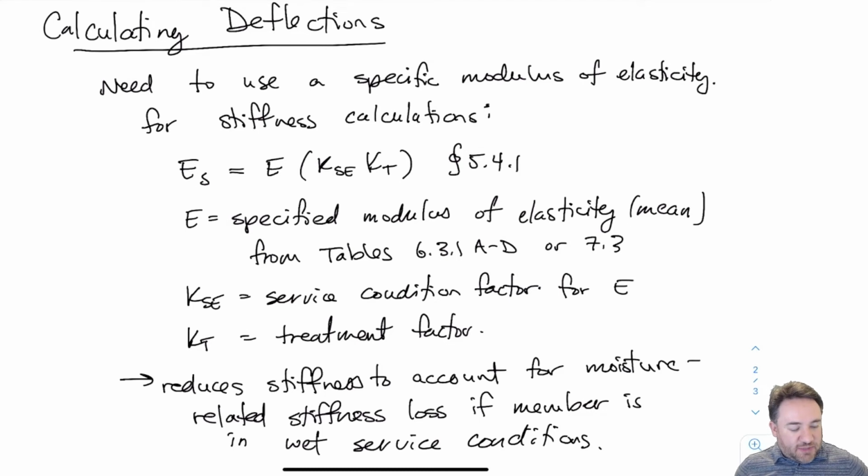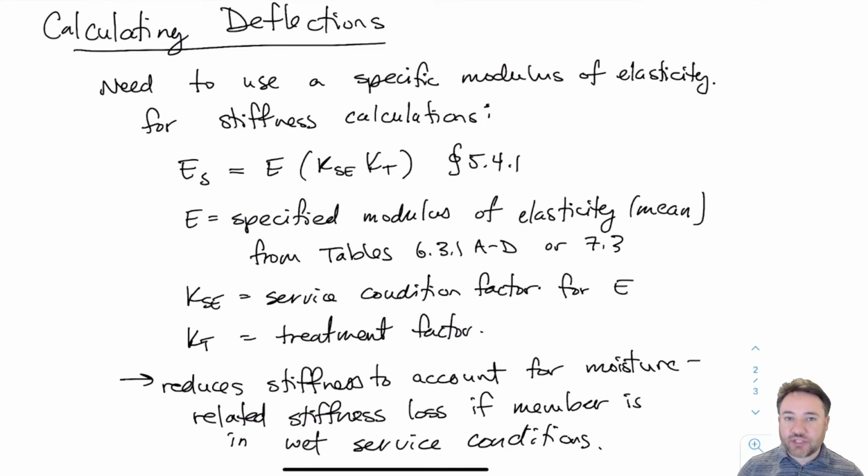Where I have my specified modulus of elasticity that I get from my tables, which is the mean modulus of elasticity, not the E05, and then my service condition factor for Young's modulus and my treatment factor, all of which I'm going to get from the appropriate tables that we've seen before when we talked about modification factors.